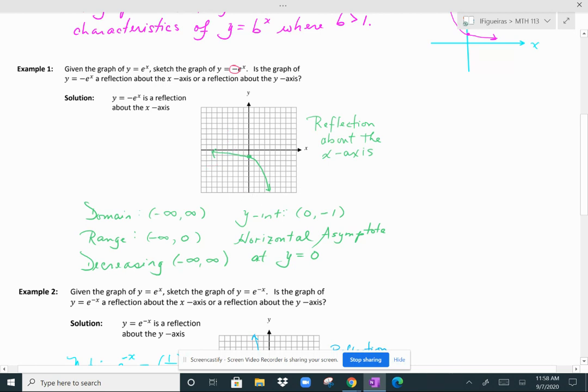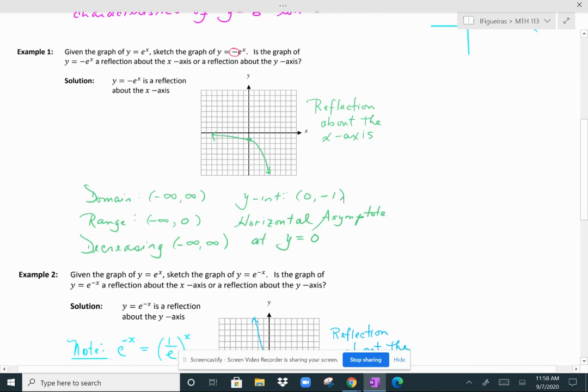In this case, it is decreasing from left to right, so it's decreasing over all real numbers. The intercept is also different because the graph flipped, so instead of 0, 1, it's now 0, negative 1, but the horizontal asymptote stays the same. It's the x-axis, which is stated as y equal to 0.